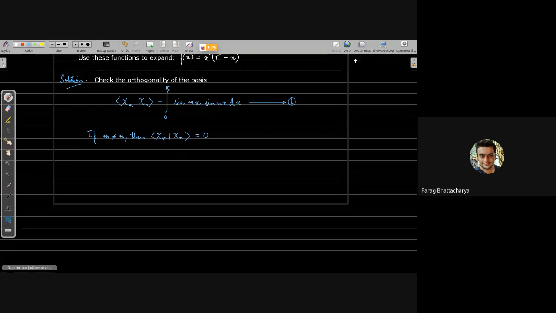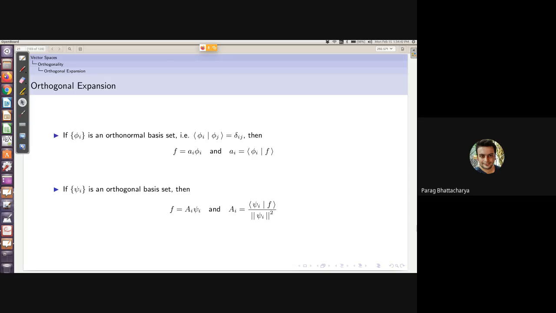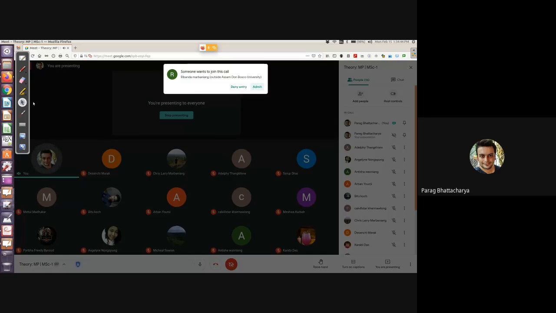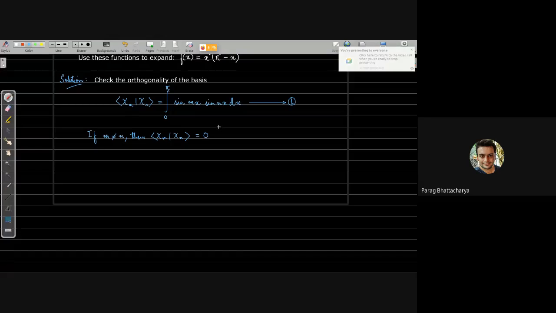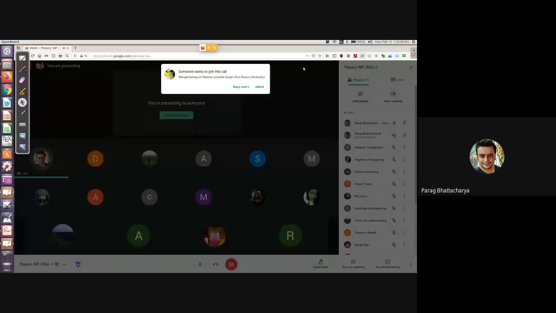Okay, so this is going to be 0. And how do we get that result? We get this result from Fourier analysis. In Fourier analysis, you have this orthogonality of sine functions. So from there, you'll get this. You can check for yourself. So this means that the basis is orthogonal.